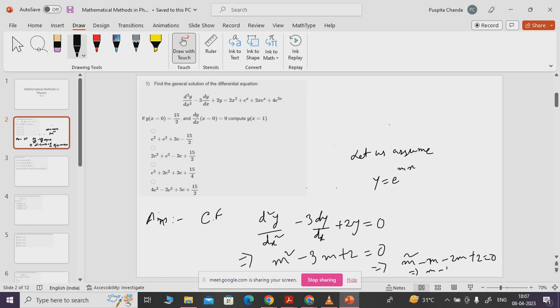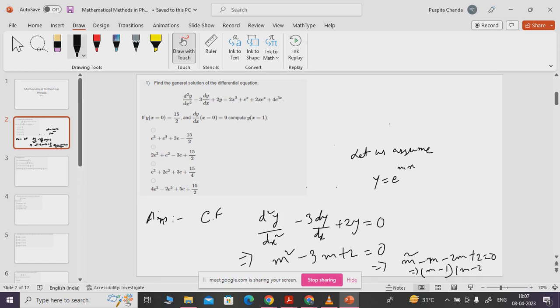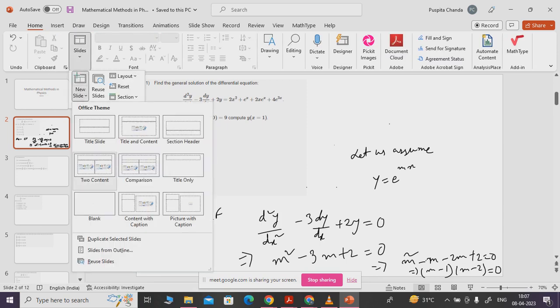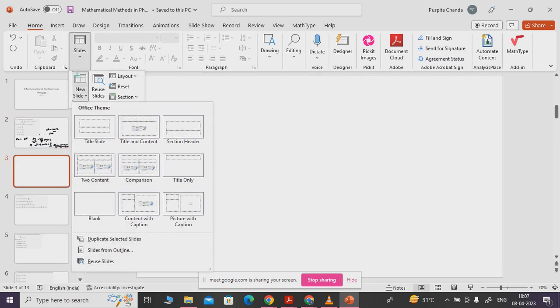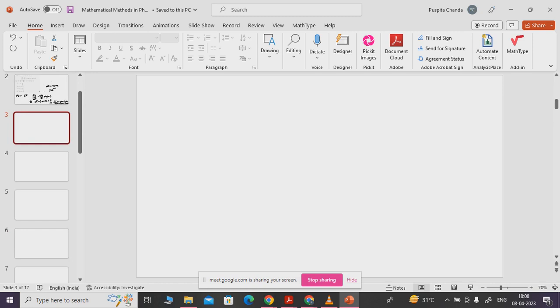So (m minus 1)(m minus 2) is equal to 0. So m is equal to 1 and 2. So the complementary solution will be c1 e to the power x plus c2 e to the power 2x.